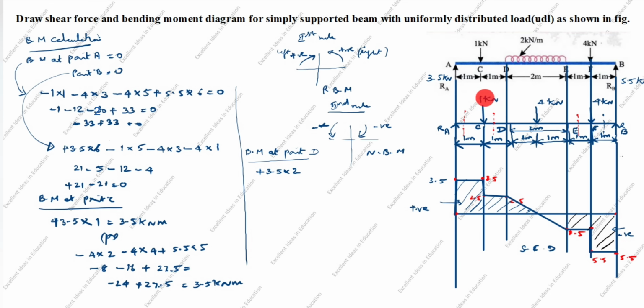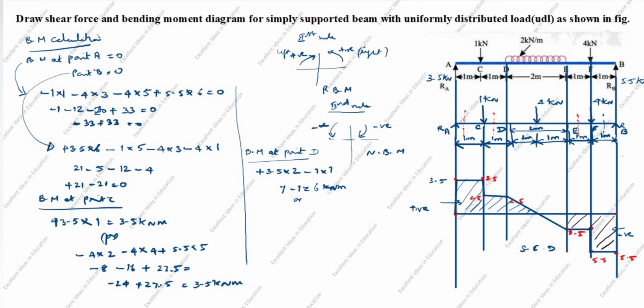Next you see at point C, the arrow comes down from here to here, which is anti-clockwise. Anti-clockwise is negative. Minus 1 into the perpendicular distance up to D only, which is 1. So 3.5 into 2 is 7, minus 1 is 6 kilonewton meter.